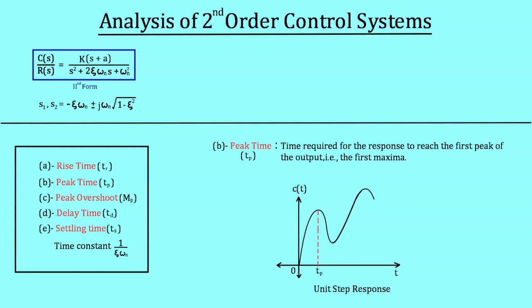Few of you may have a doubt, what if the first maxima is not a global maxima? In that case also, you need not think that much, you have to stick with the definition. As it says we have to consider the first maxima, then everywhere we have to find the time instant at which the output reaches its first maxima, irrespective of whether it is a global maxima or not.